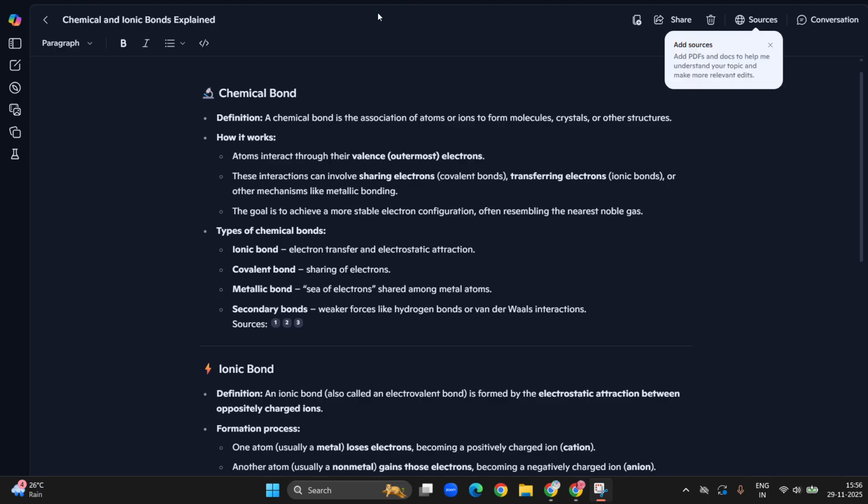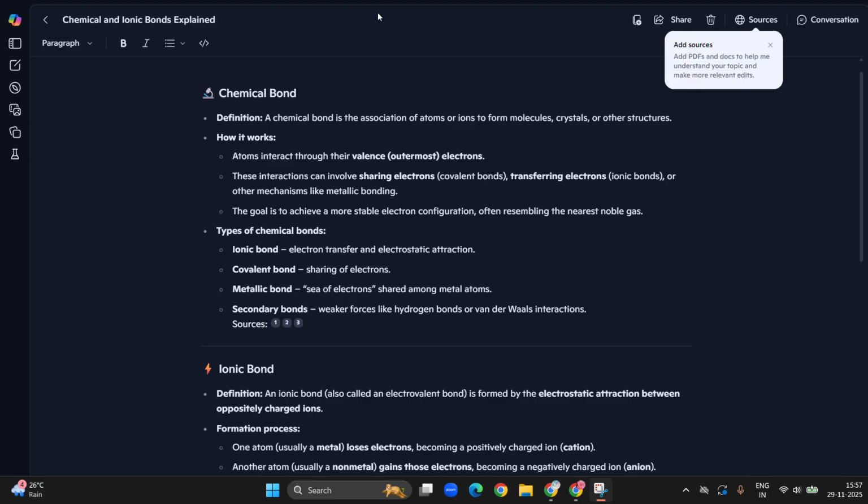So it reacts with another atom, which makes it share electrons. These interactions can involve sharing electrons, transfer of electrons, or other mechanisms like metallic bonding.